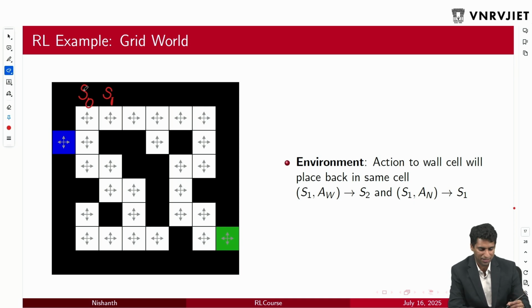But let's say it is in state 1 and the agent wants to take an action to go north. Because there is a wall over here, whenever the agent tries to go north, it will hit the wall and then come back to the same state again. So some actions will result in a valid state transition, but some actions, because of how the environment is restricted, might come back to the same state again. So the environment can also respond to what the agent takes as an action.